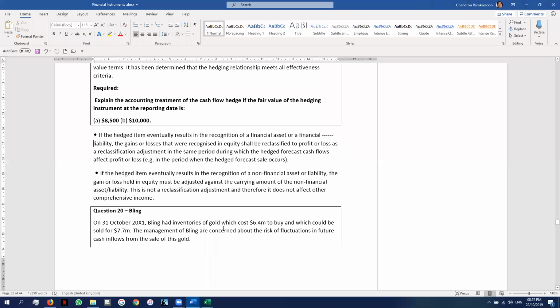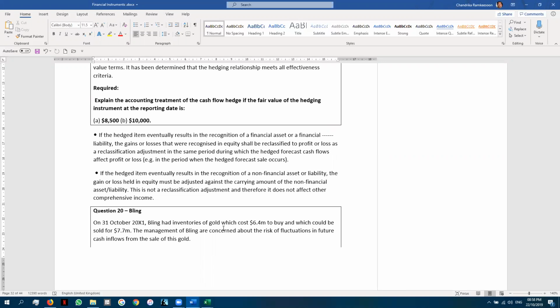If the hedged item eventually results in the recognition of a financial asset or financial liability, the gains or losses that were recognized in equity, remember we are dealing with a cash flow hedge, where gains and losses are normally recognized in OCI. Well, equity then, because OCI is part of equity.